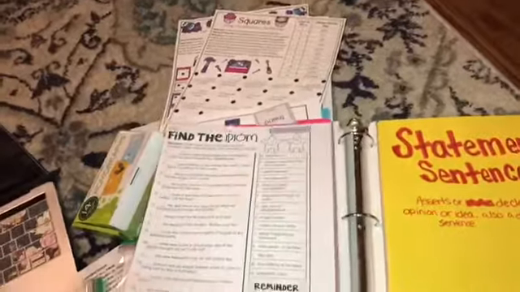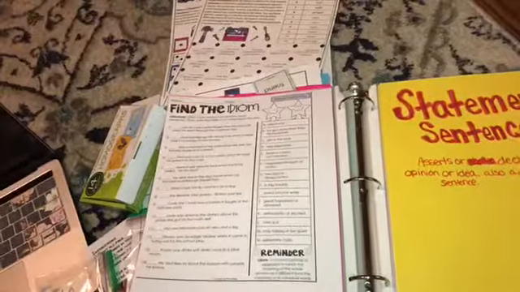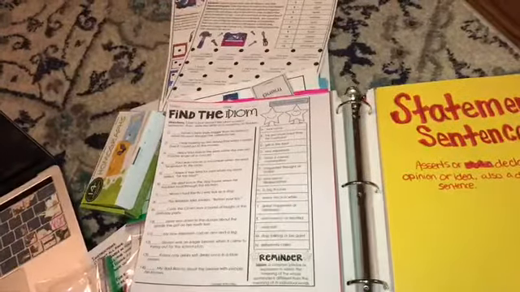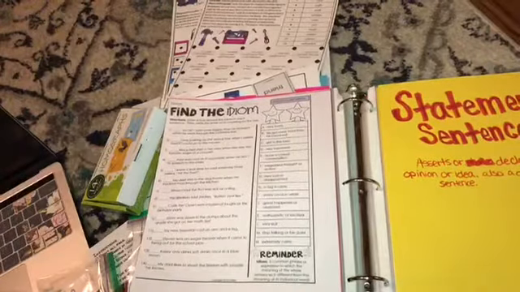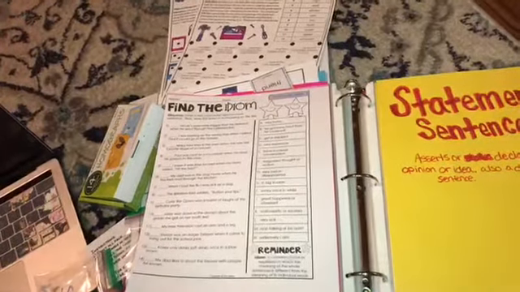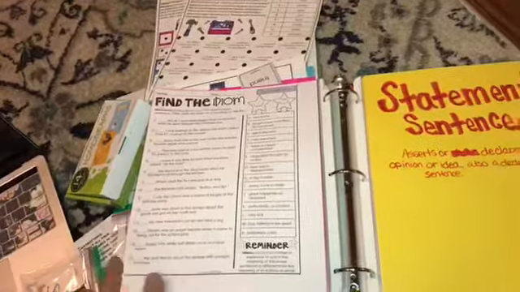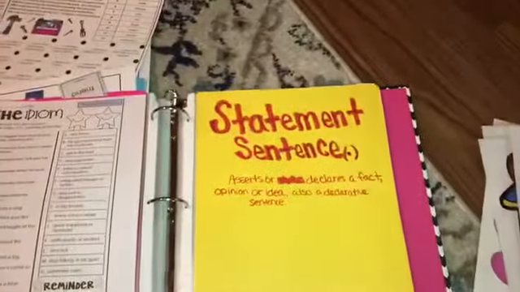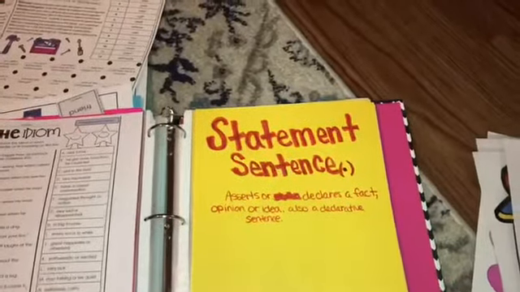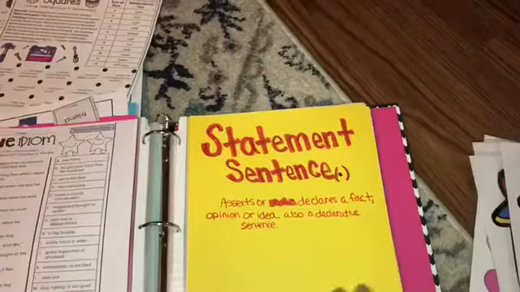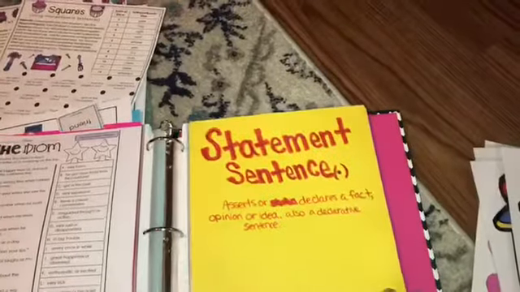So you would try to find which idiom matches. Remember, idiom, a common phrase or expression in which the meaning of the whole sentence is different from the meaning of its individual words. And then we have statement sentence, asserts or declares a fact, opinion, or idea, also a declarative sentence, and it's usually followed by a period.